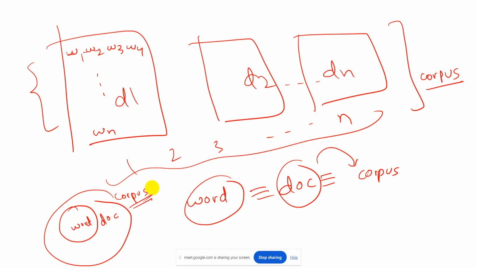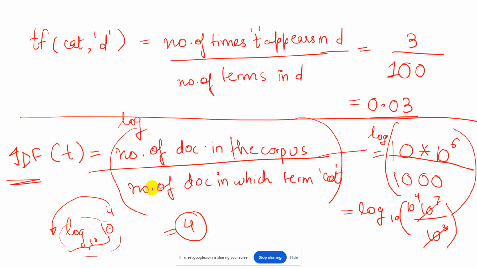Is this point clear? So in the inverse document frequency, how many documents are there? Because this is the inverse, the entire number of documents comes in the numerator, and the number of documents that contain the specific term T for which you want to calculate the inverse document frequency comes in the denominator. So that will be the number of documents in which the term cat appears.